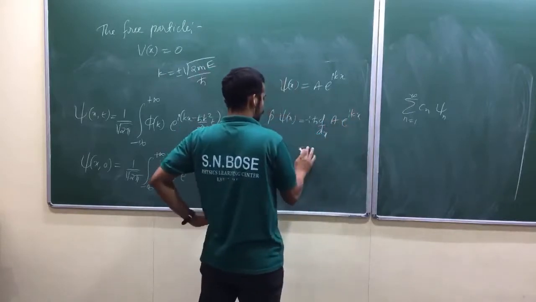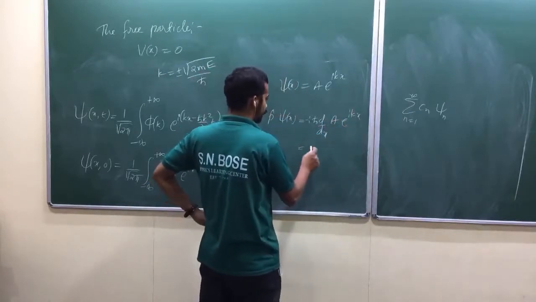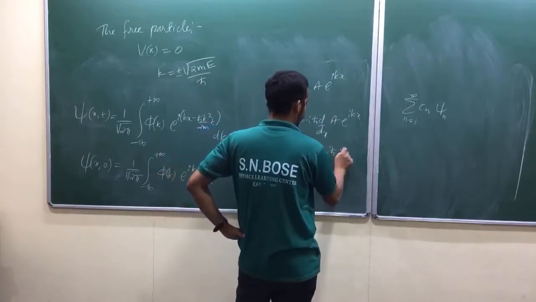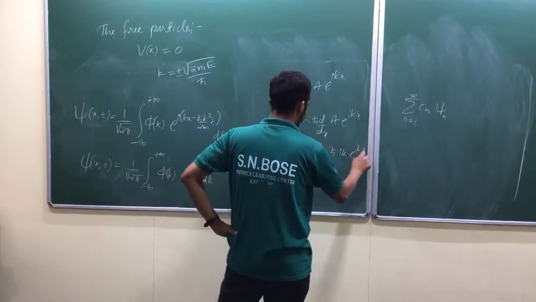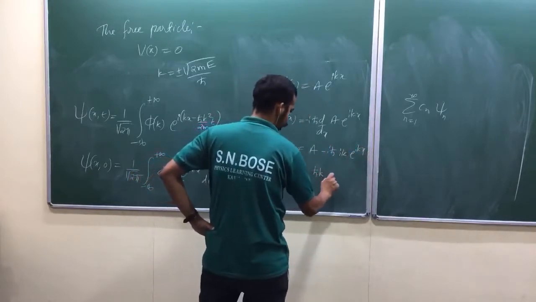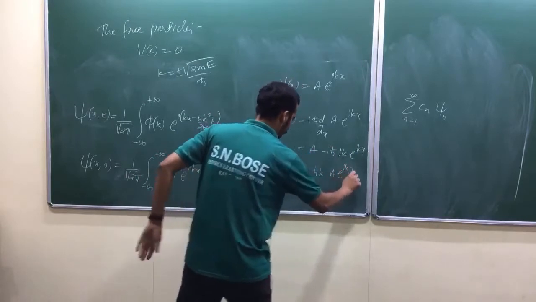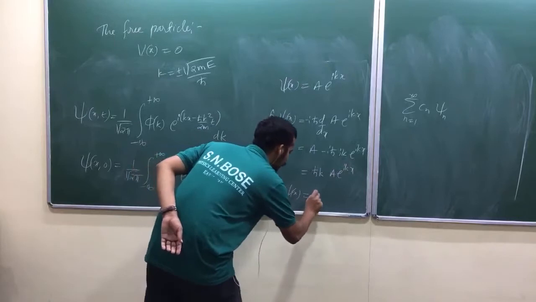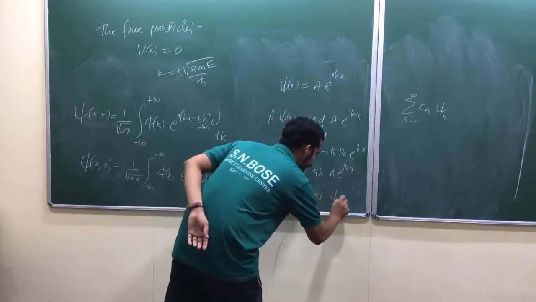What is this one? A minus i h bar i k e power, speak out. p cap into psi of x is equal to h bar k into psi of x.